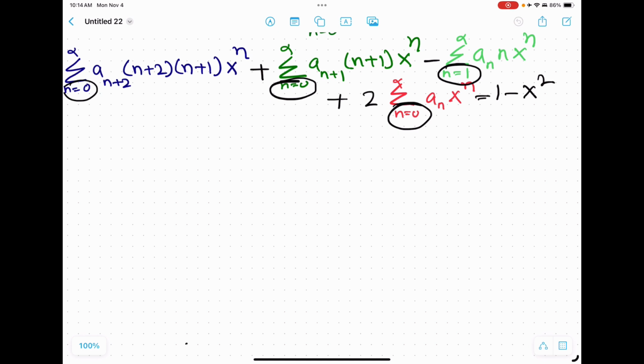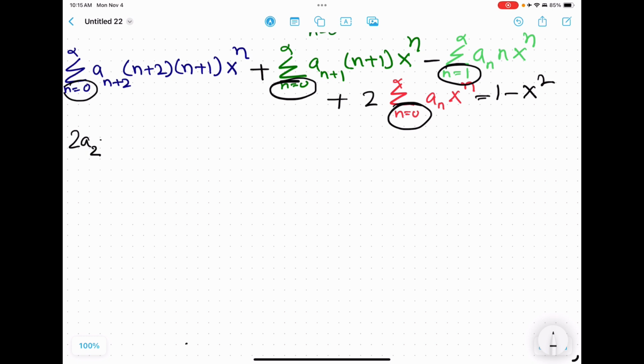Okay, so when n is equal to 0, if we substitute into our first power series, it gives 2a sub 2. All I did was substitute n equal to 0 directly into my expression.